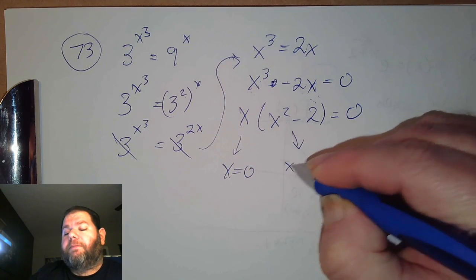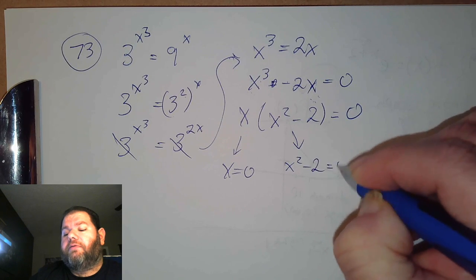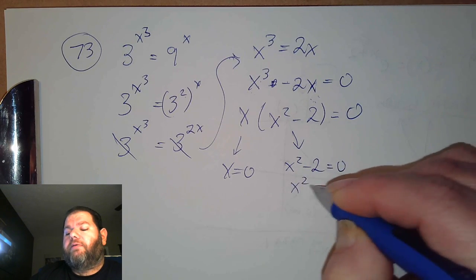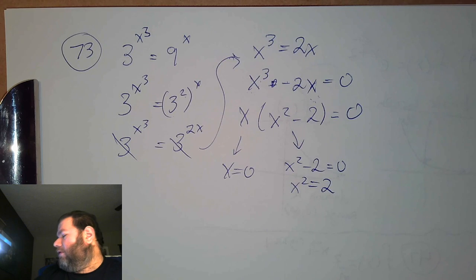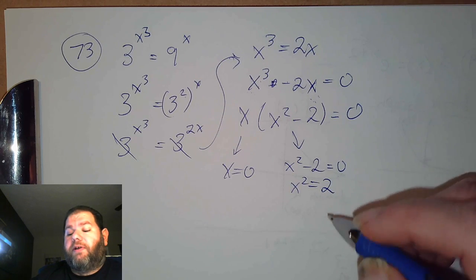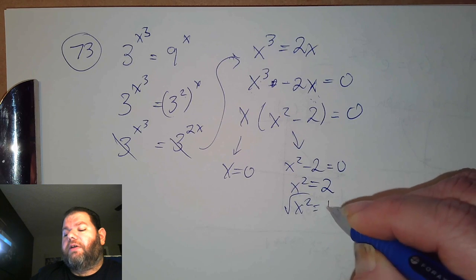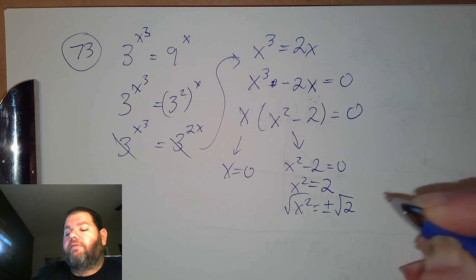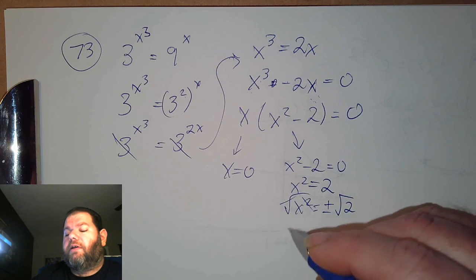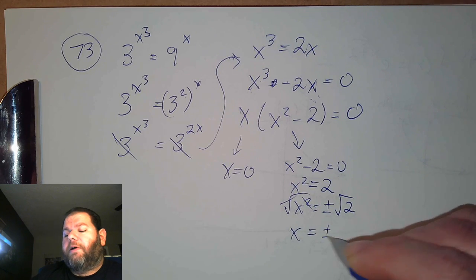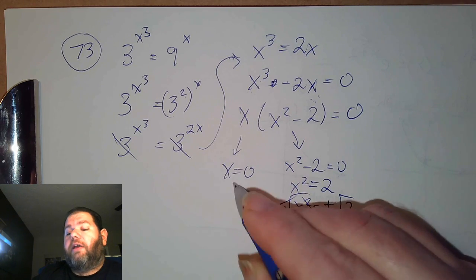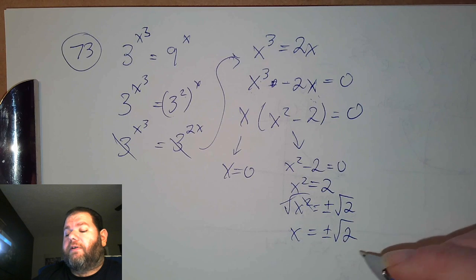And then setting this part equal to 0, x squared equals 2. And then we can take the square root of both sides now, including a plus or minus sign on the right-hand side. So x is plus or minus the square root of 2, as well as 0 in this case.